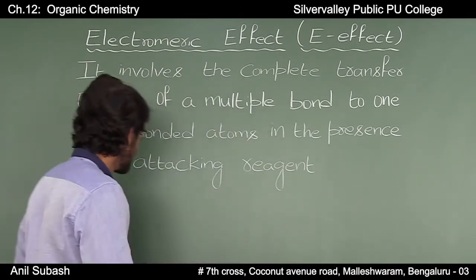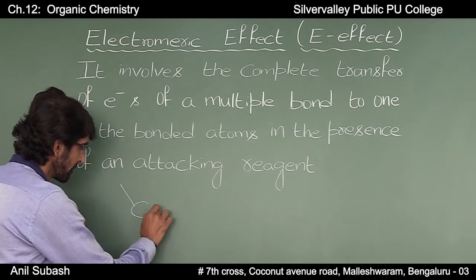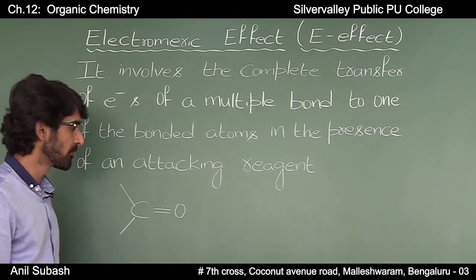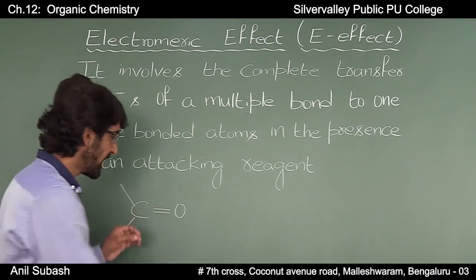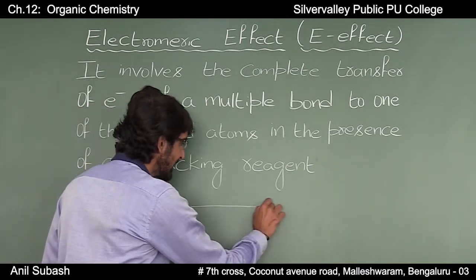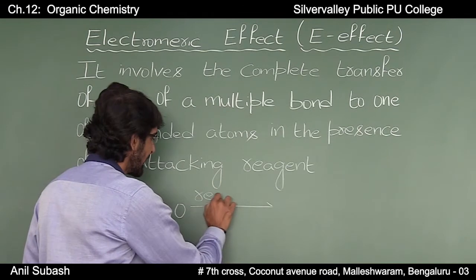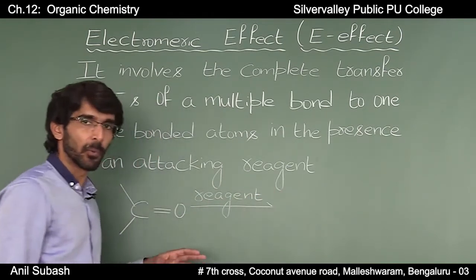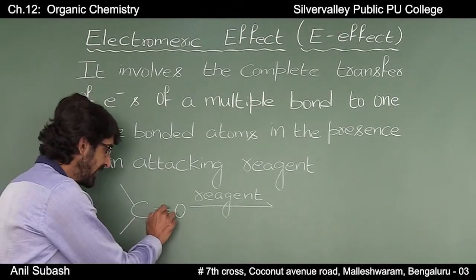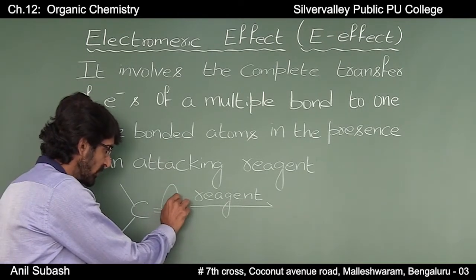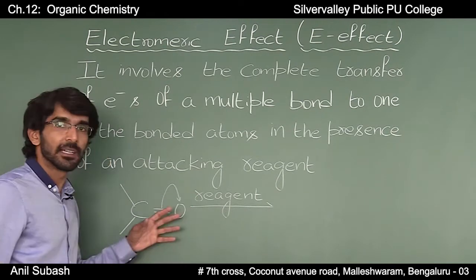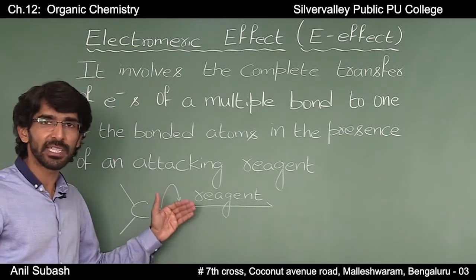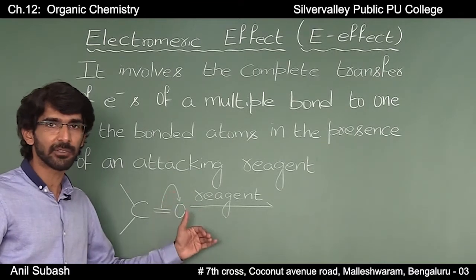For example, let us consider a carbonyl group, C double bonded O. Now when you have an attacking reagent, when a reagent is added, what happens? The pi electrons will move towards one of the bonded atoms, usually the highly electronegative atom.